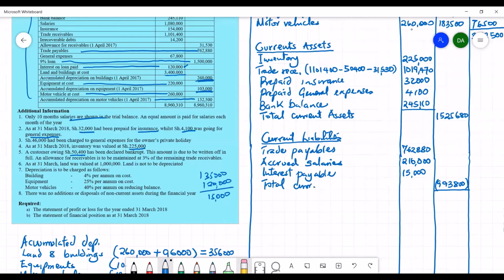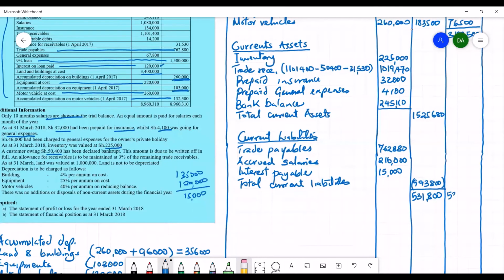So total current liabilities, we need to deduct from total current assets. If we deduct that, we are supposed to remain with 531,800. So we remain with 531,800, and 531,800 is known as net working capital.